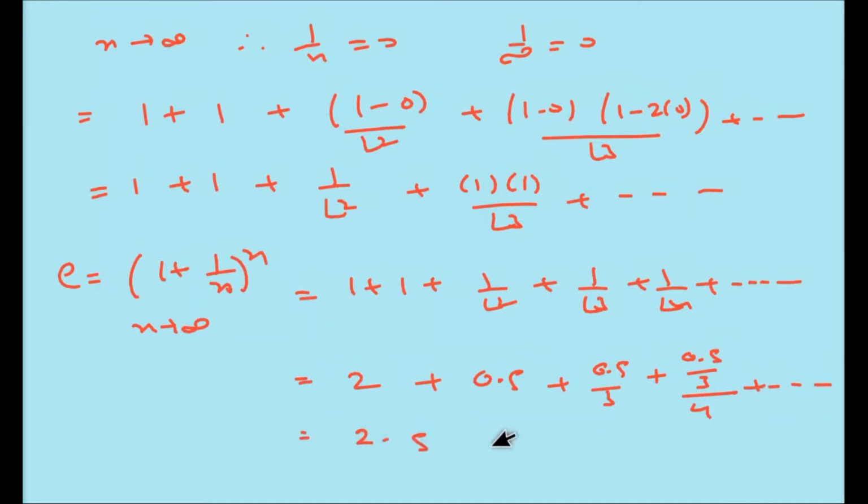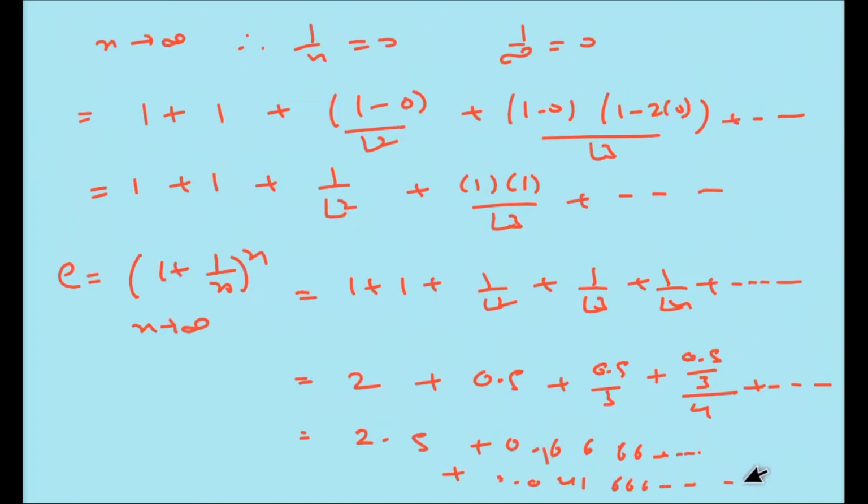So we can get the value this way: 2 plus 0.5 plus 0.1666 and so on, and similarly you will get 0.041666.